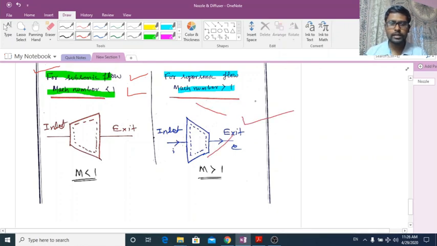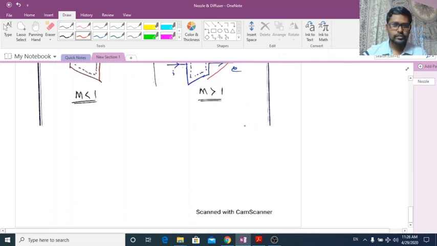These are the opposite cases of nozzle. In the case of nozzle, if it is a supersonic flow, then the area was increasing, but in the case of diffuser, if the flow is supersonic, it will decrease. In the case of nozzle, if the Mach number is less than 1 or it is a subsonic flow, then area is decreasing, but in the case of diffuser it is increasing.